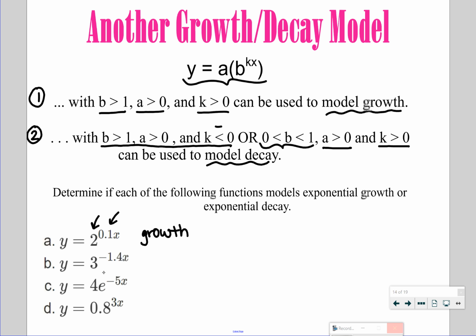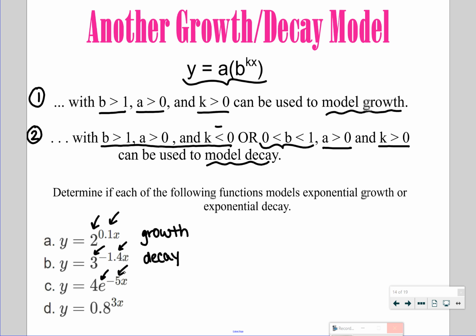In the next one, I have a base, again, that's bigger than 1, but this time my k value is negative. Because my k value is negative, that makes this an exponential decay function. In C, my base is not the 4, it's the e, but we know that, again, still is a number larger than 1.